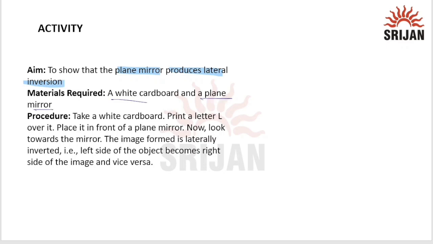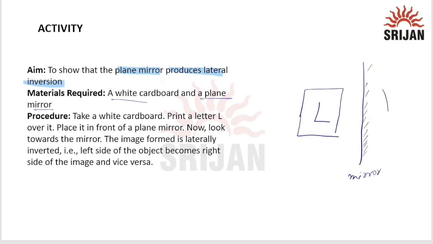Now what you have to do is this. Take the white cardboard and write the letter L on it, just like this, and keep this in front of the mirror. Keeping it in front of the mirror, what will you observe?